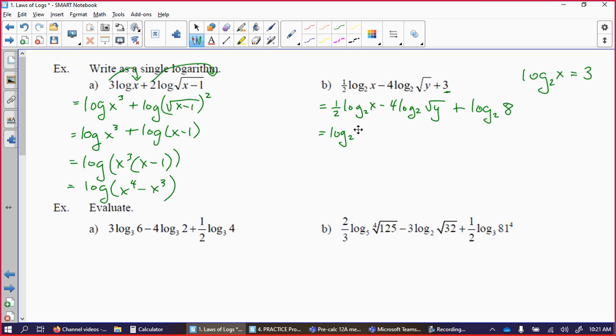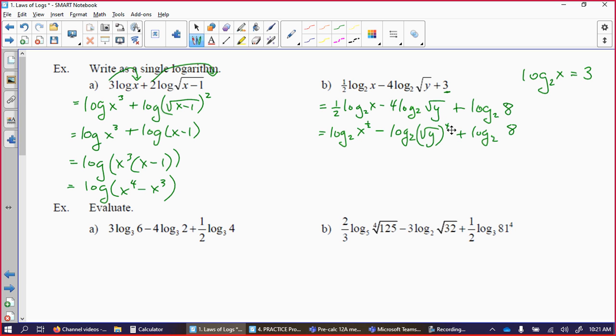Log base 2 of x to the 1/2 minus 4, no, minus log base 2 of the square root of y to the fourth, log base 2 of 8, nothing there.